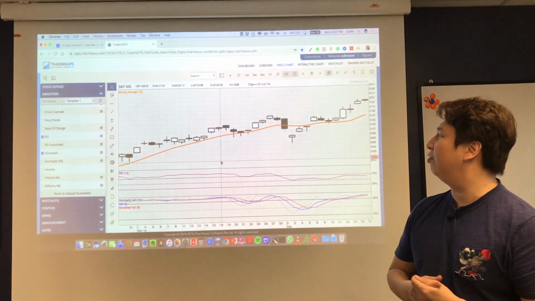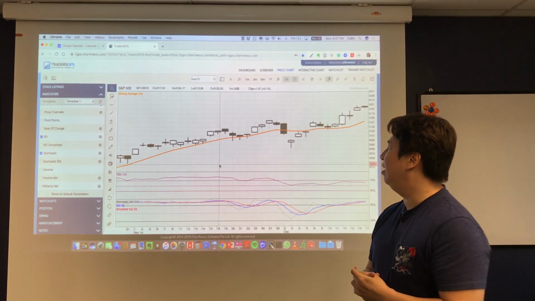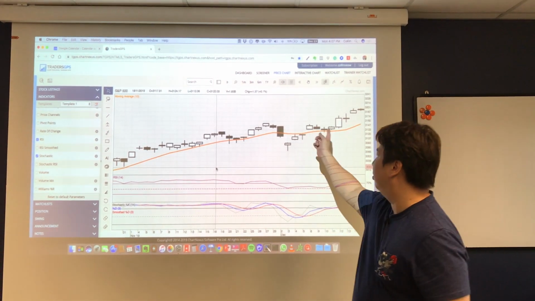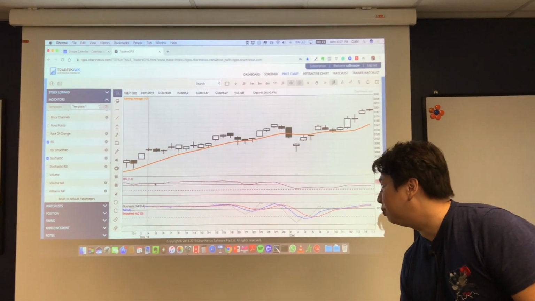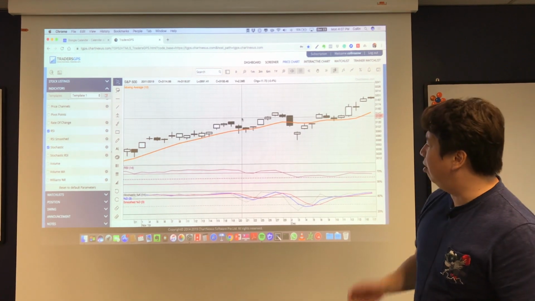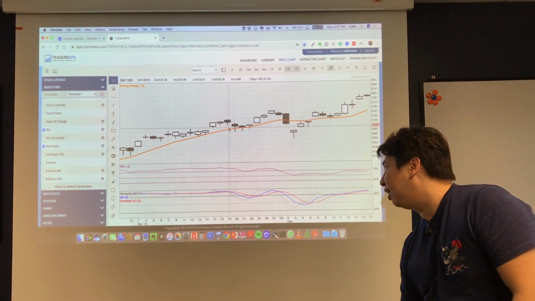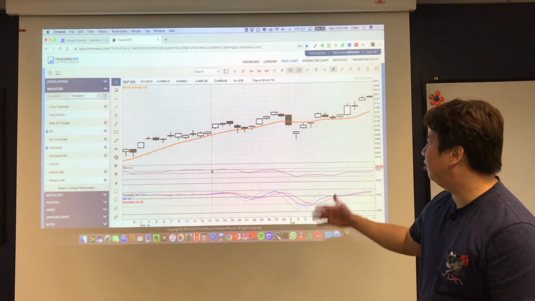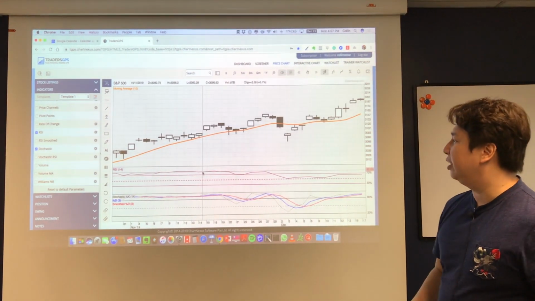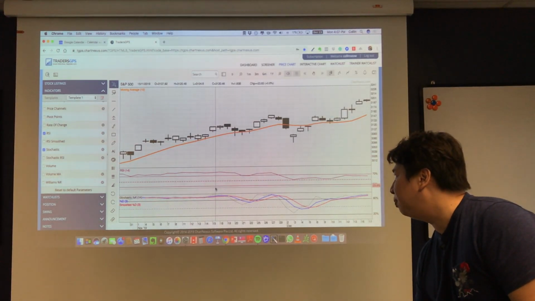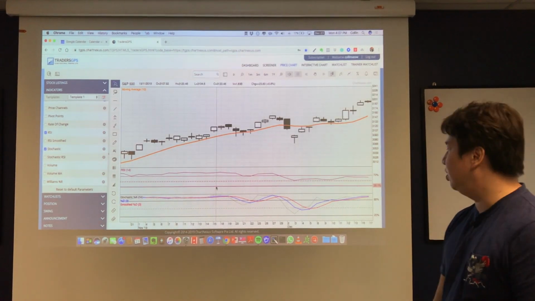So let's say right now we have a chart. This is the S&P 500 chart. From here we can see that the stock is going upwards. If I plot the RSI 14, which is this line over here, RSI basically tells us that here is overbought and this part below is oversold.